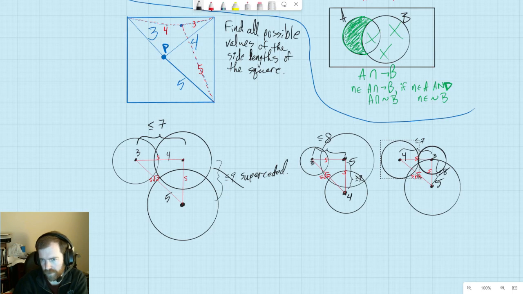Okay, so let's just assume that this is actually to scale. So any two circles are only ever going to have two intersection points as long as their centers are not the same point. So 4 and 5 will match up at this point here and this point here. 3 and 4 will match at this point here and some other point. So there's only ever one solution for each of these arrangements.